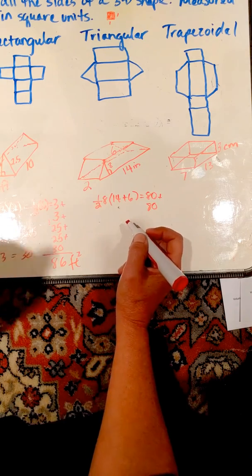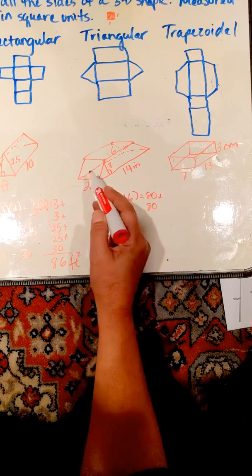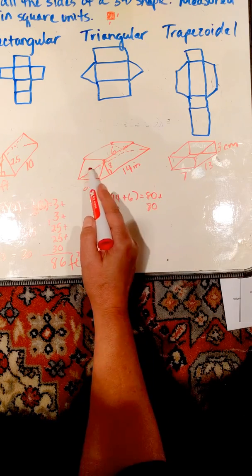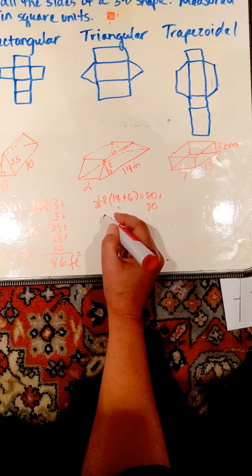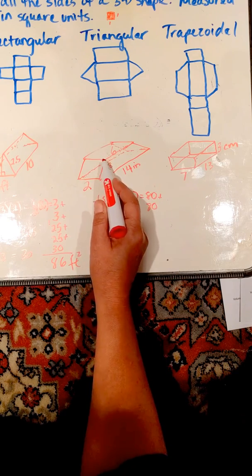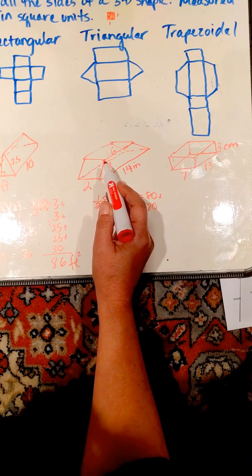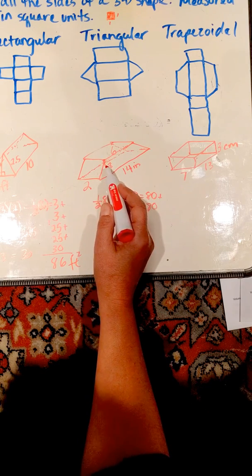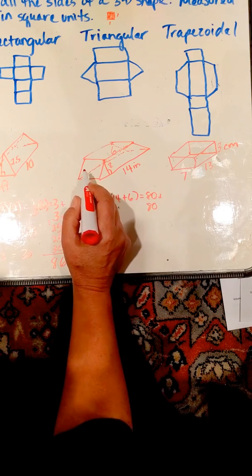And then I'm basically going to find the rest of the rectangles. So let me try this side here first. And that's going to be 2 by, let me write that down here. I don't have that measurement. Let me just put one there.